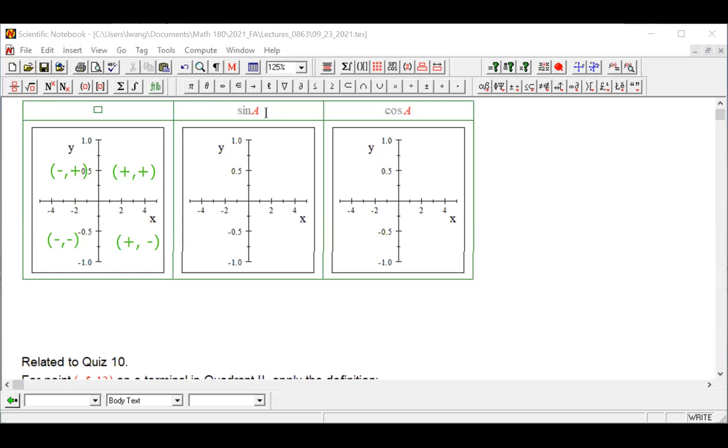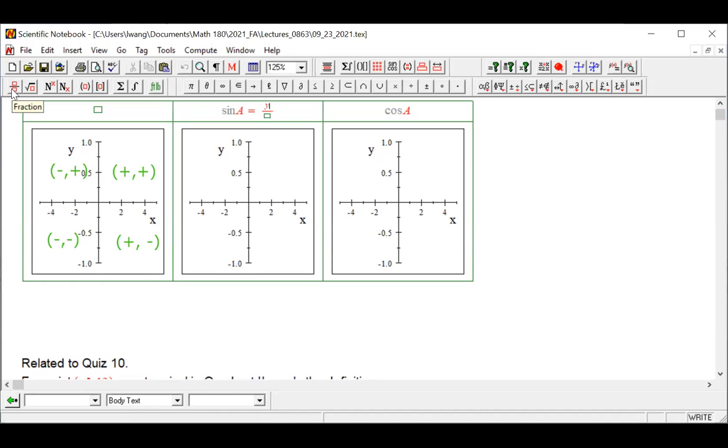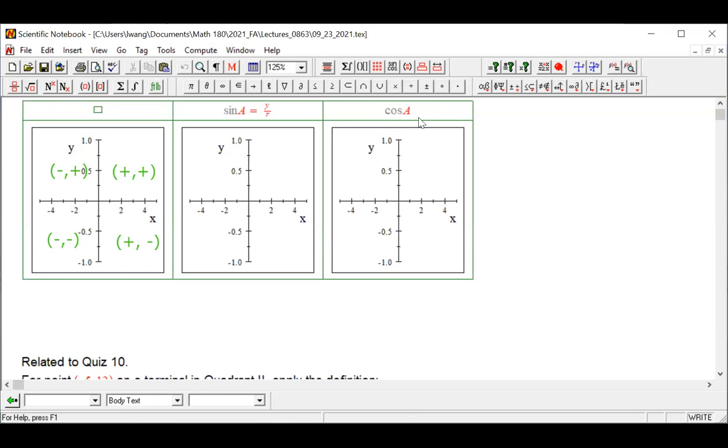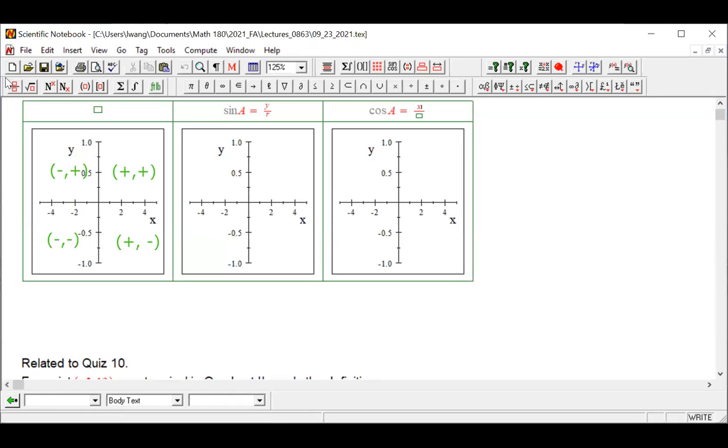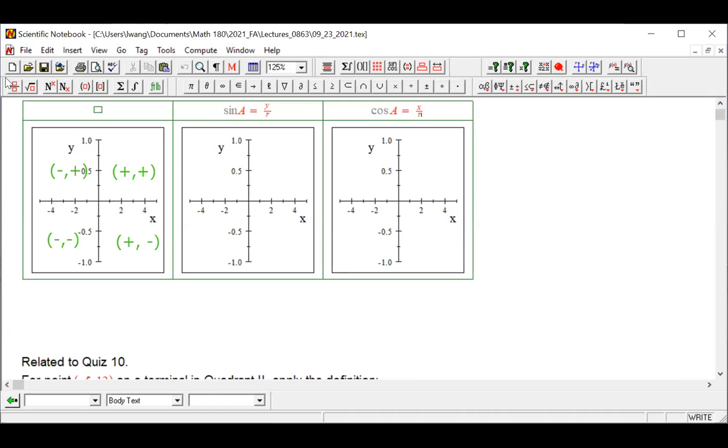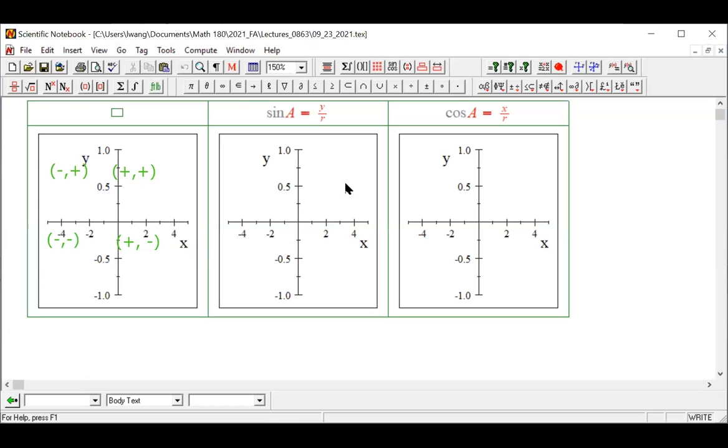What's the definition of sine? The definition of sine is y over r, yeah? Cosine is x over r. Do you guys see that? So the sign of sine is determined by y, because r is always positive.